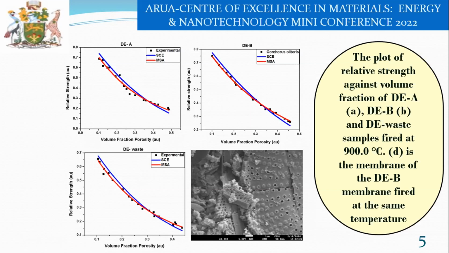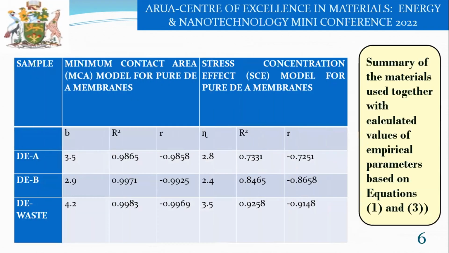We were also able to notice that when we looked at the fittings of these models, most of the models fitted well, giving us a very high R-squared value, and all of them gave us a negative correlation.